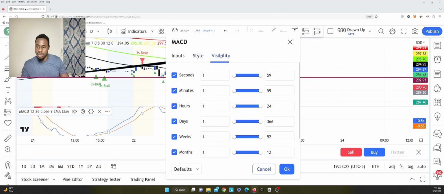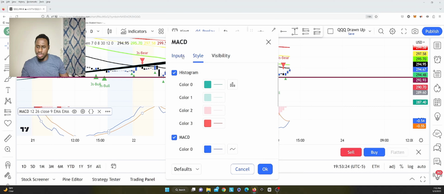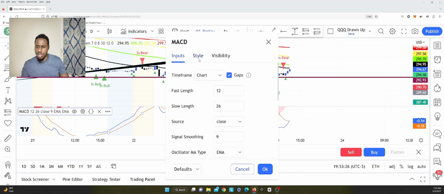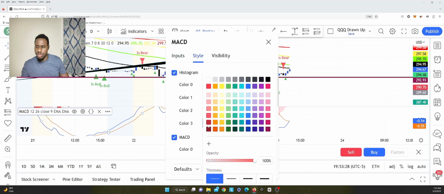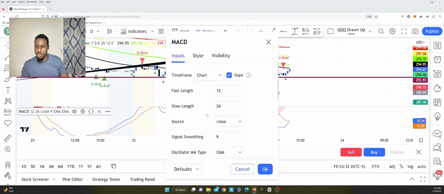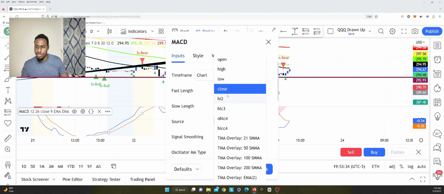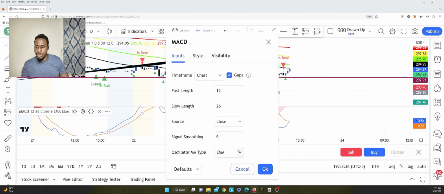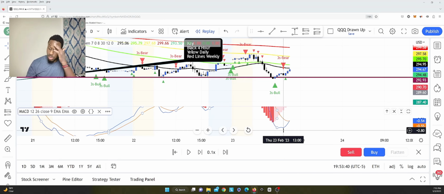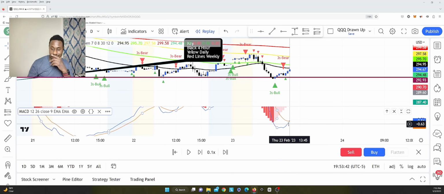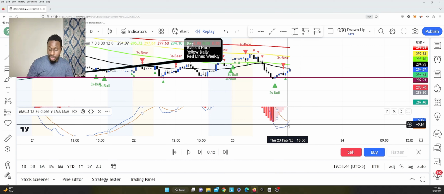And what's this orange? I'm not sure what the orange is trying to indicate there. Of a smooth moving average oscillator. Okay. So we see this start to break above.